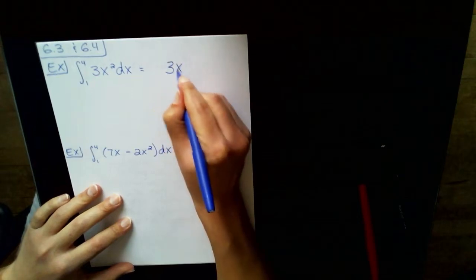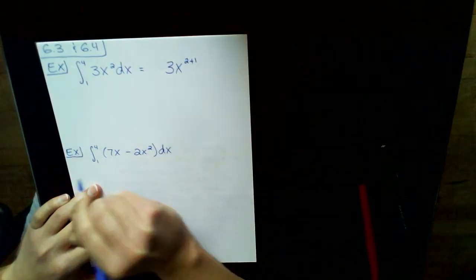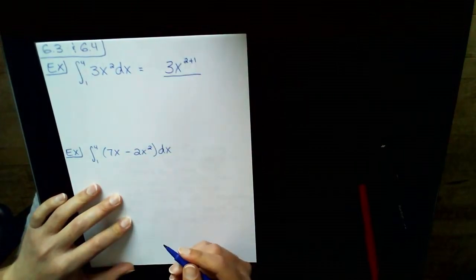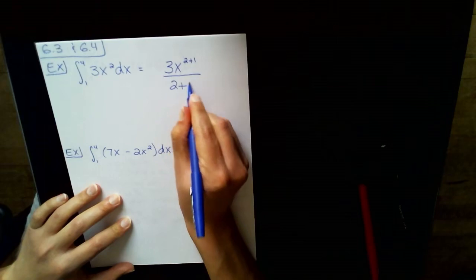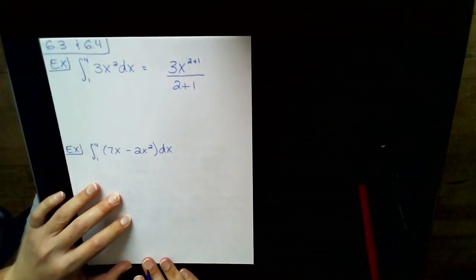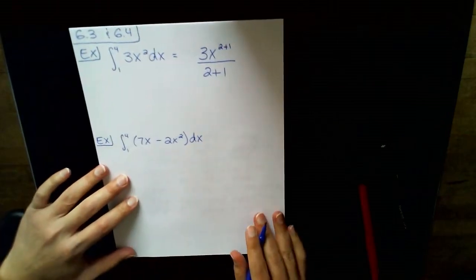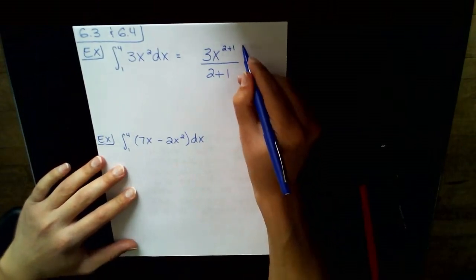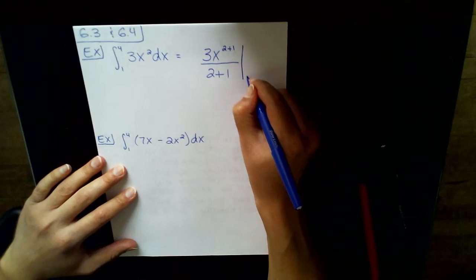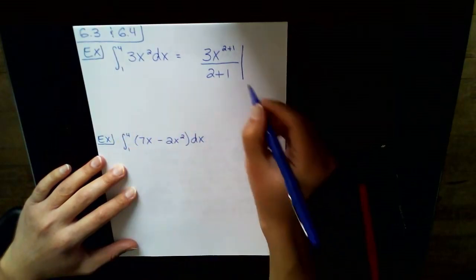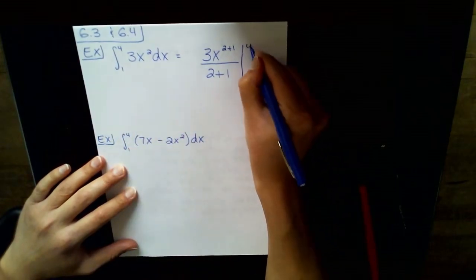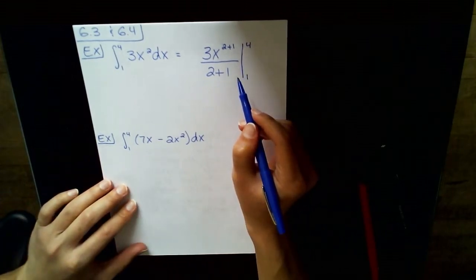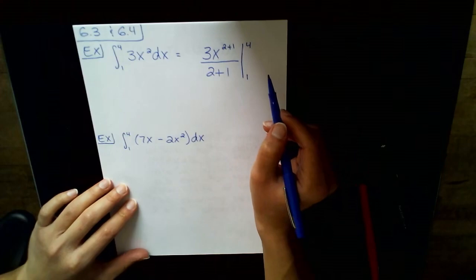So 3x squared, we'll add 1 to the square, divided by the new exponent, which is 2 plus 1. And then from here, we're going to put our new line to show our limits of integration, from 1 to 4. Notice we don't put the plus c anymore.